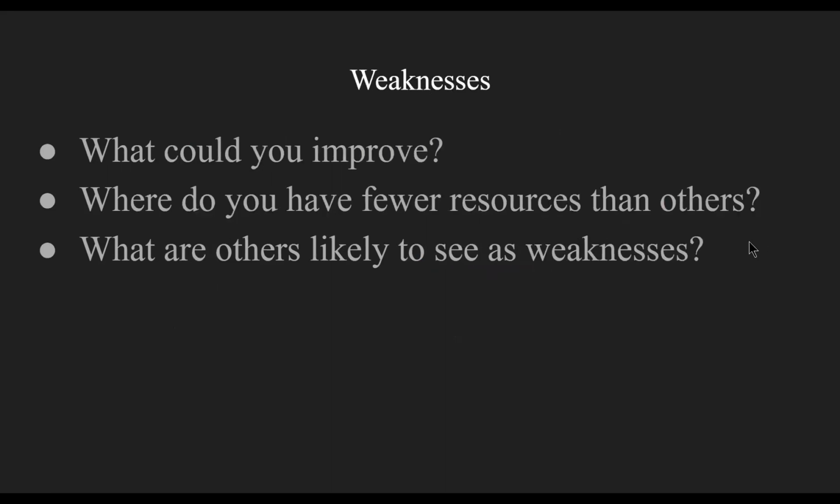Then you should write down your weaknesses. What are the things that you could improve? Could you improve them, or will they be your weakness no matter what? Where do you have fewer resources than others? What are others likely to see as weaknesses in your company or your product?